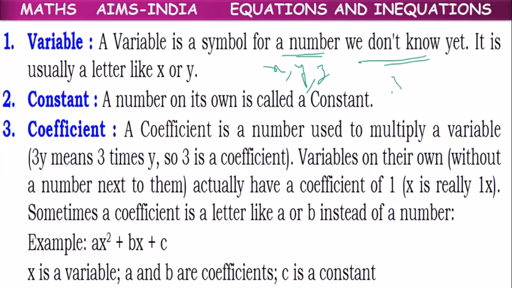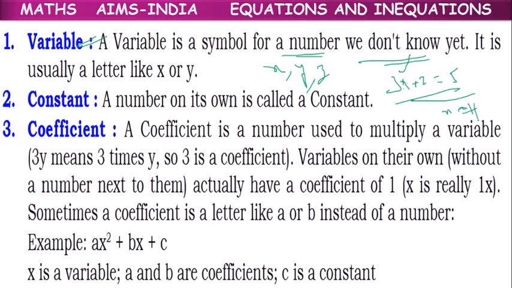Before solving the equation, if 3x plus 2 equals 5, we have not yet solved the equation, we don't know the x value, so it is called a variable, whose value we don't know yet. If we solve, we will get the value of x as 1.